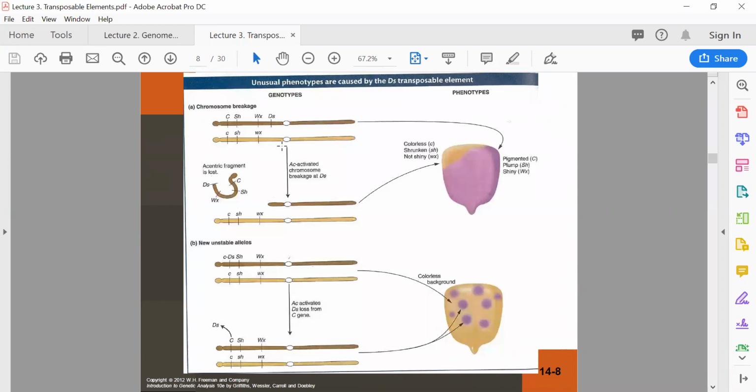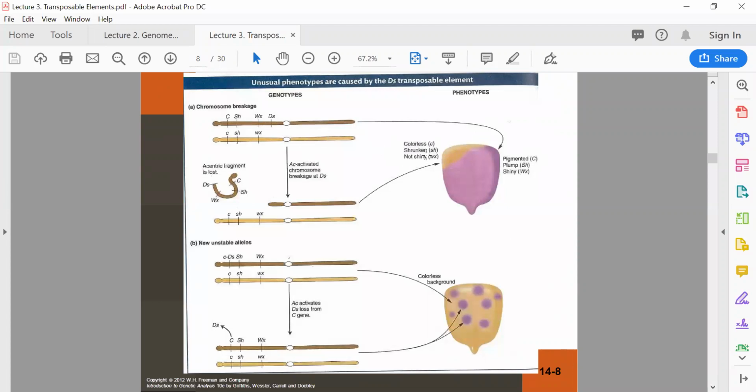The little c results in a colourless kernel, and that's what we're seeing here, represented by this coloured portion of the kernel. Little sh represents shrunken kernel, in contrast to the normal plump. And then the little wx represents part of the kernel that is not shiny.